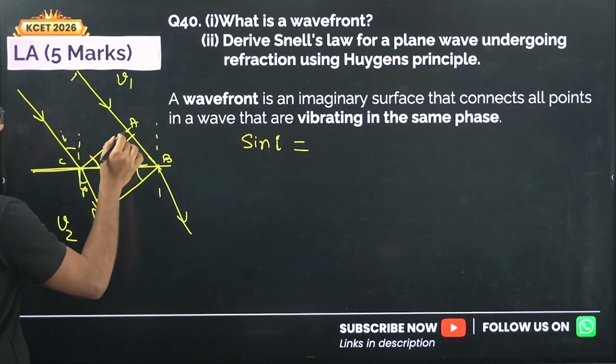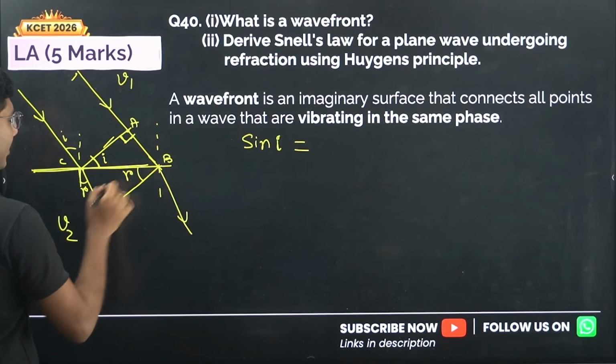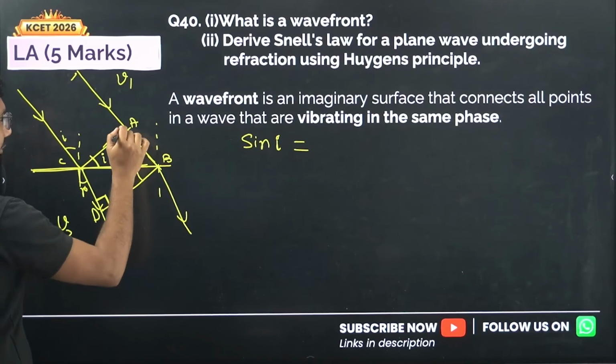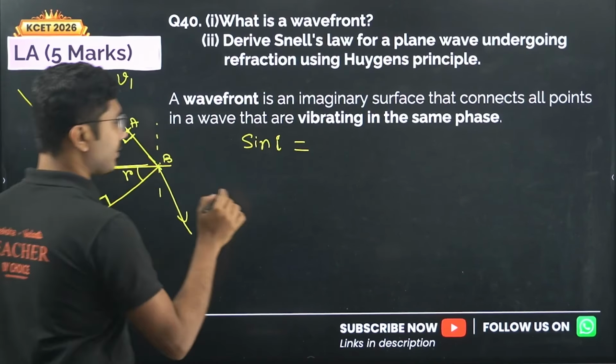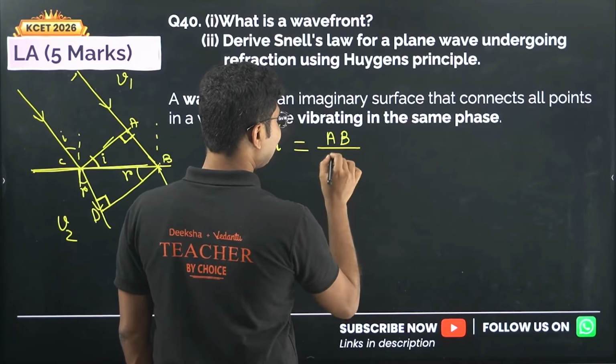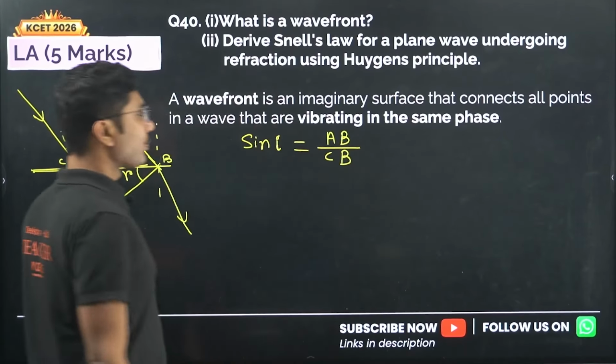This is the right angle, this is the hypotenuse, and this is the perpendicular, right? So perpendicular divided by hypotenuse, that is AB divided by CB. So this is sine I.